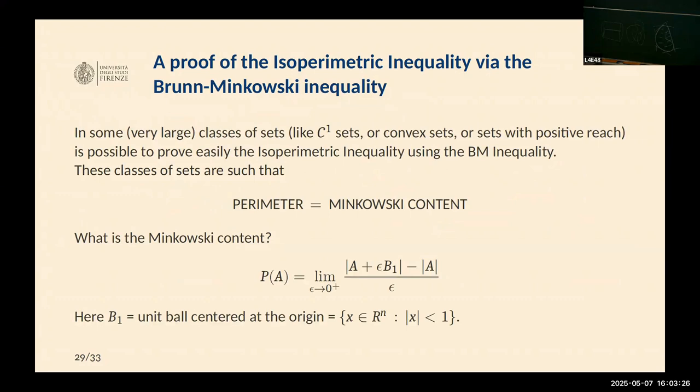I have two questions concerning that limit. The first one is, what happens if we change the set B1 to any other convex set? Would we get a perimeter, or what would be the limiting process?